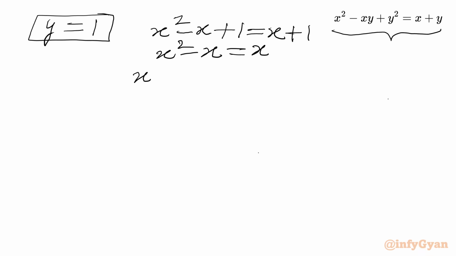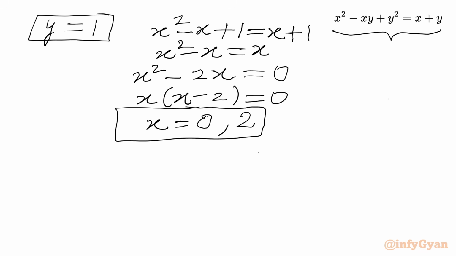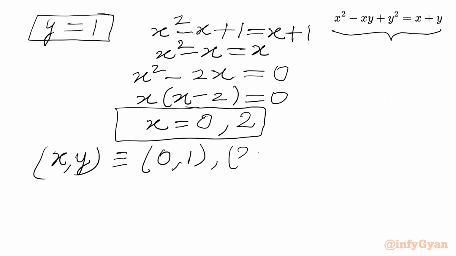By writing all the terms to LHS, we will get x square minus 2x equal to 0. x is common, so we will get x minus 2 in the bracket equal to 0. Using the product 0 rule, we will get x equal to 0, x equal to 2. Again, we can write two ordered pairs x comma y: 0 comma 1 and 2 comma 1.